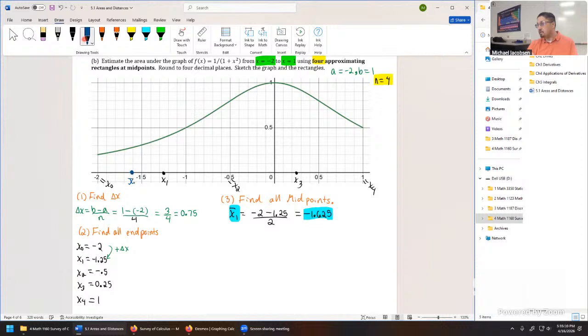About here. That's going to be the height of the first rectangle. So the first rectangle goes to this height directly above x bar 1, moves over to the left. Imagine that's a perfectly horizontal line. Moves over to the right. It goes on the extent of the endpoints from x0 to x1. So this is our first approximated rectangle.